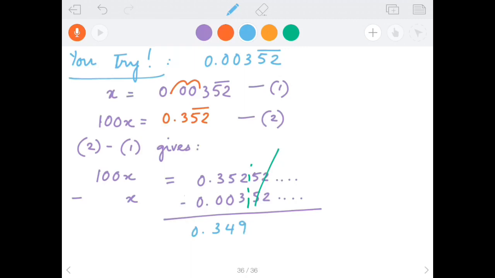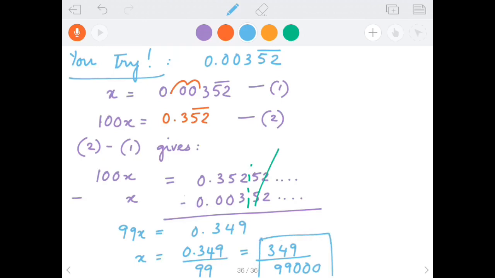I'm going to get 0.349, which is going to be 99x, and then I'm going to put that together and get my answer. There you go. I'm just going to put that in a box, and that is going to be my final answer.